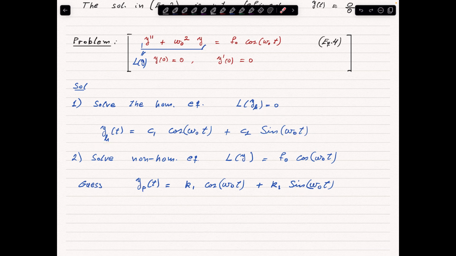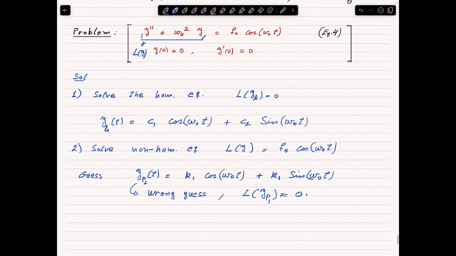So this is the wrong guess. We are going to call it the first guess because we are going to need to do a second guess. It is wrong because, as we mentioned, L acting on this function is actually 0; it is a solution of the homogeneous equation.